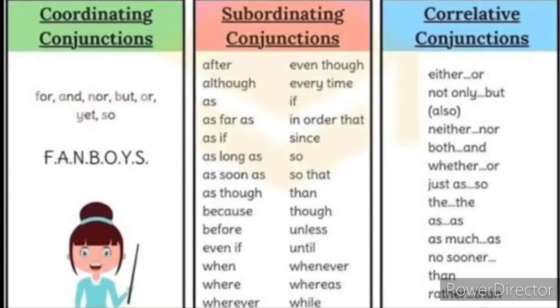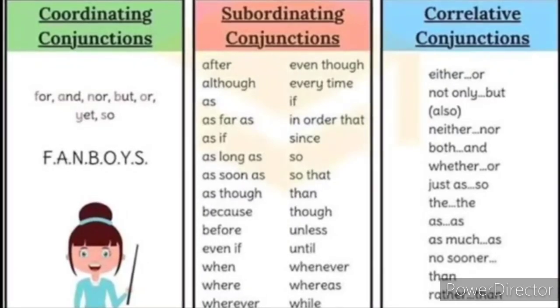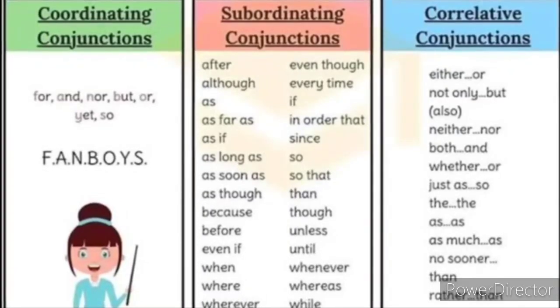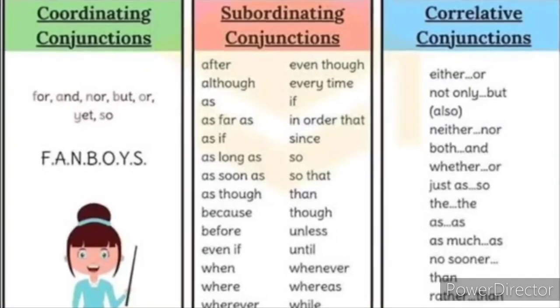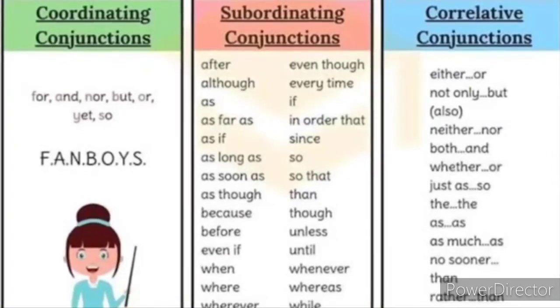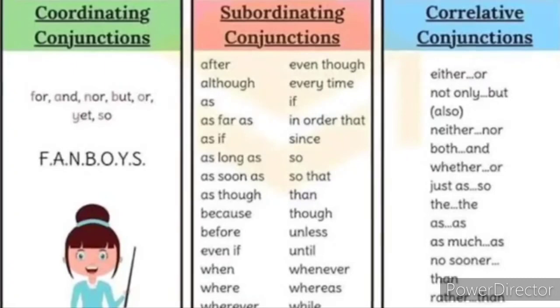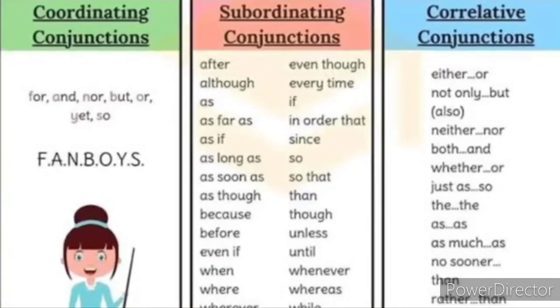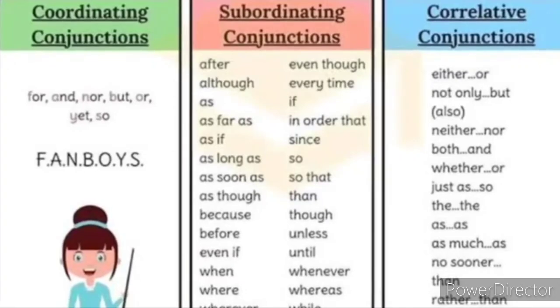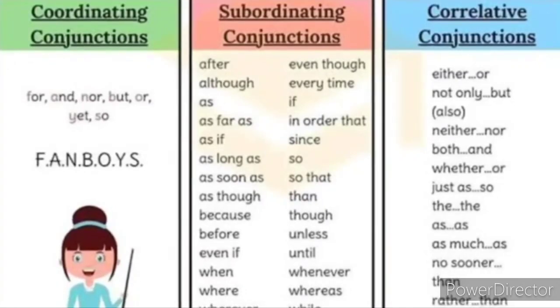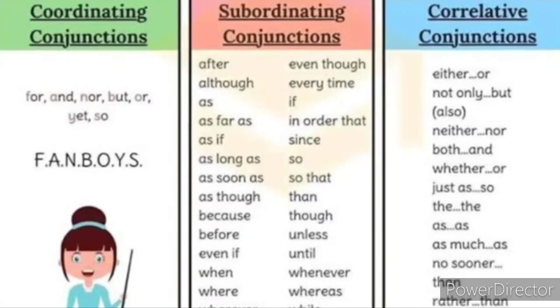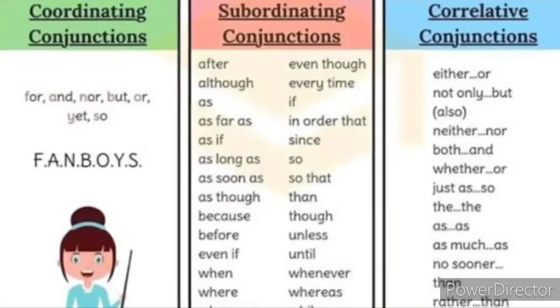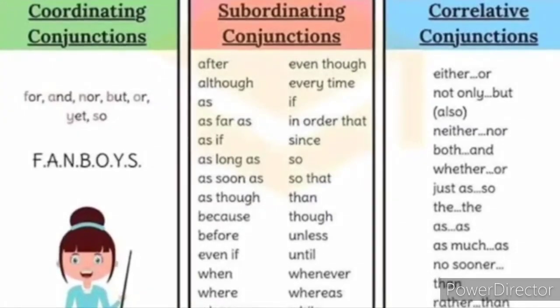The FANBOYS, as we learned, are all coordinating conjunctions, and subordinating conjunctions are after, although, as. Finally, correlative conjunctions are either or, not only but also, neither nor, both and.